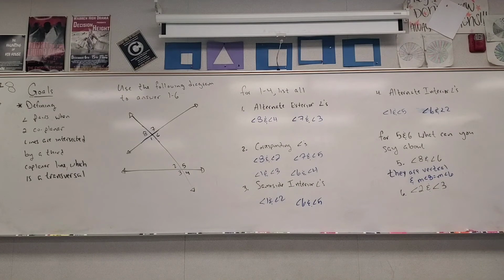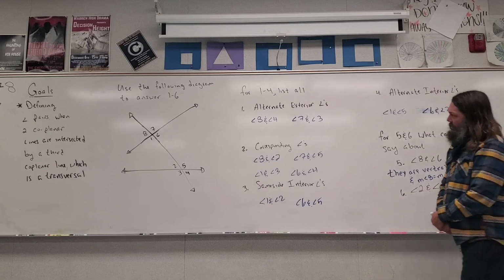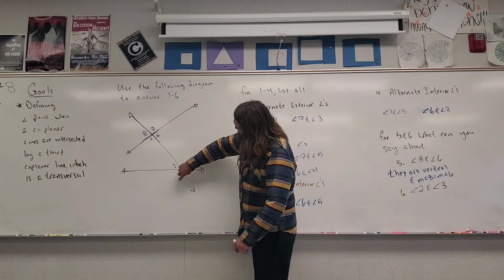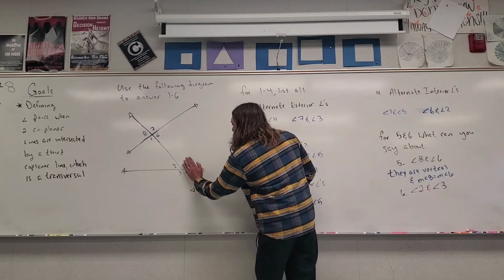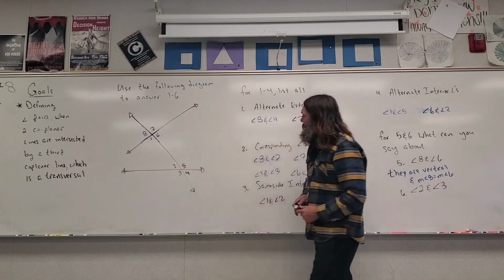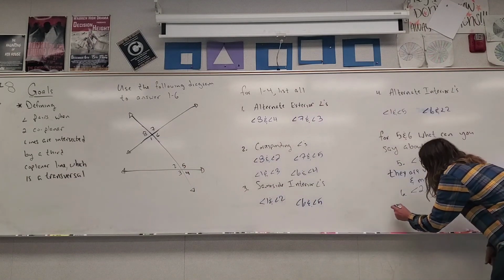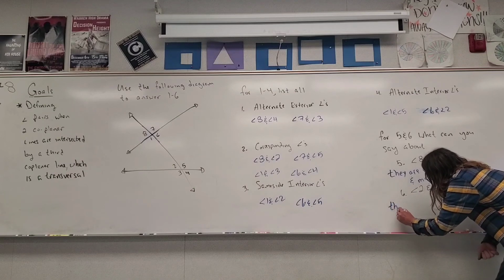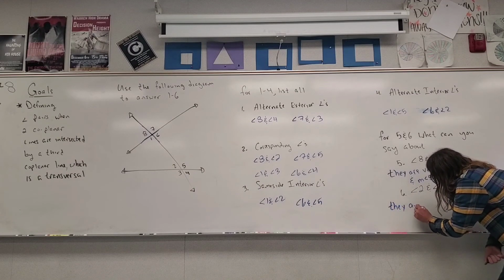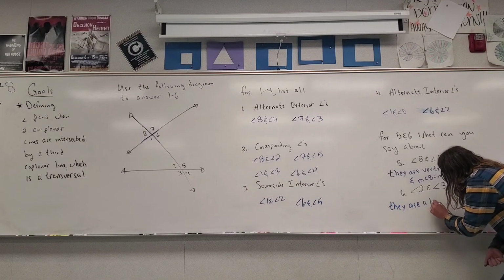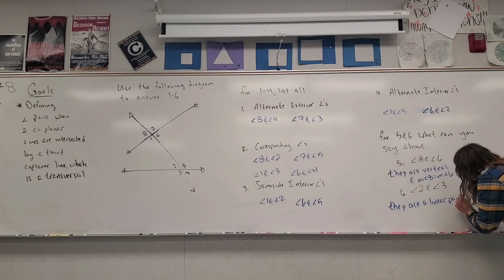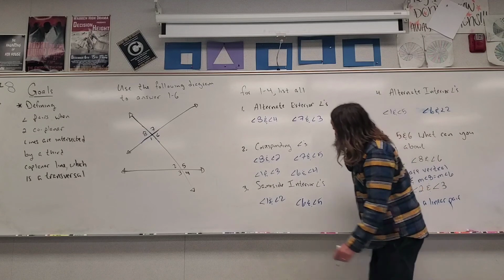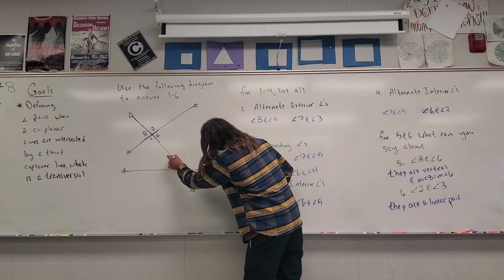All right, what can I say about angle 2 and angle 3? Angle 2 and angle 3. I'm going to cover it up like that, and I'm going to cover it up like this. Those are a linear pair. Let me stress that with some color here.